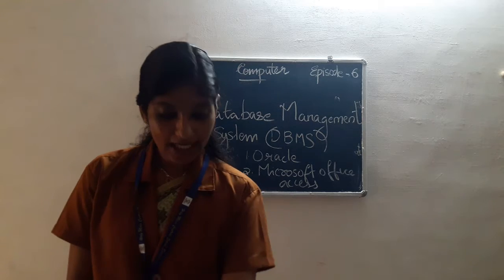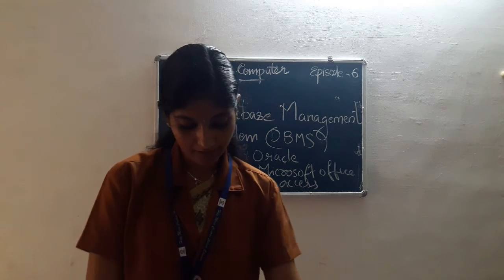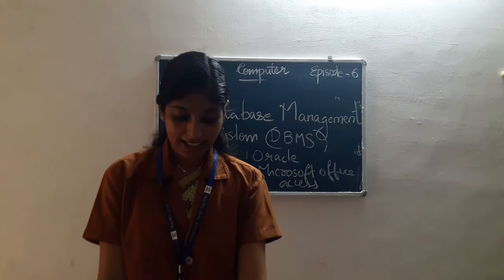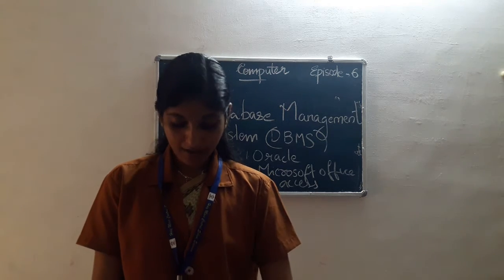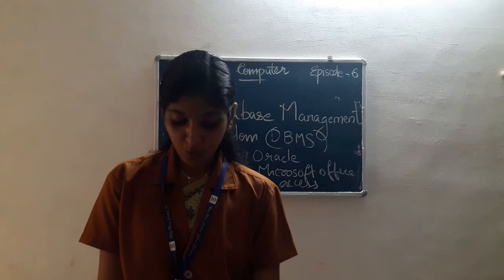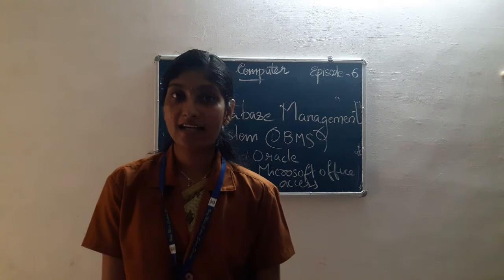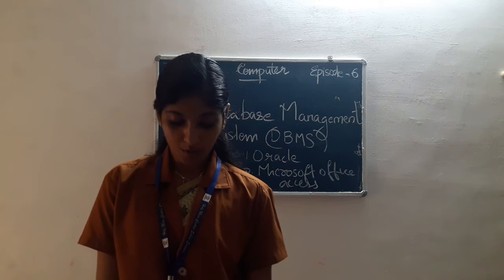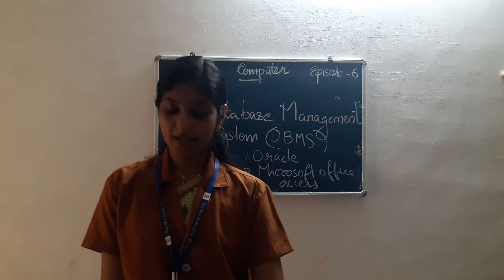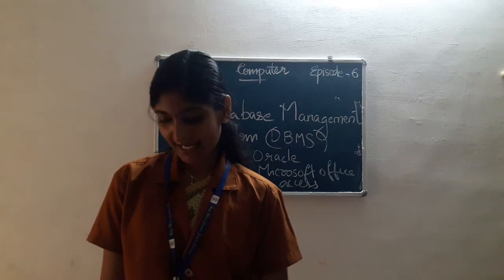Then the definition of a DBMS is: a DBMS is a computer program which provides facilities to add, modify or delete data from a database, then ask questions or queries about the data stored in the database and produce reports summarizing selected contents.